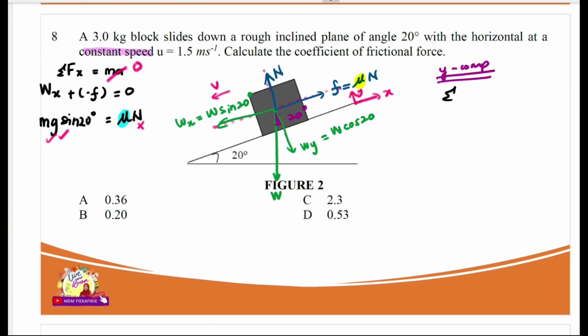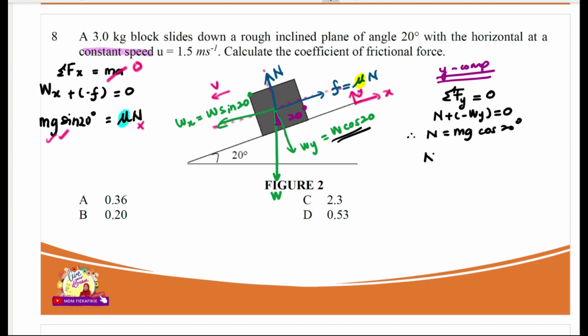Where total Fy, so the object is not moving in y component, is equal to 0. So, in y component, kita ada dua forces. Okay, kita ada normal upward, Wy is downward. Okay, so saya akan tulis N plus negative Wy equal to 0. Therefore, N is equal to mg cos 20 degree.